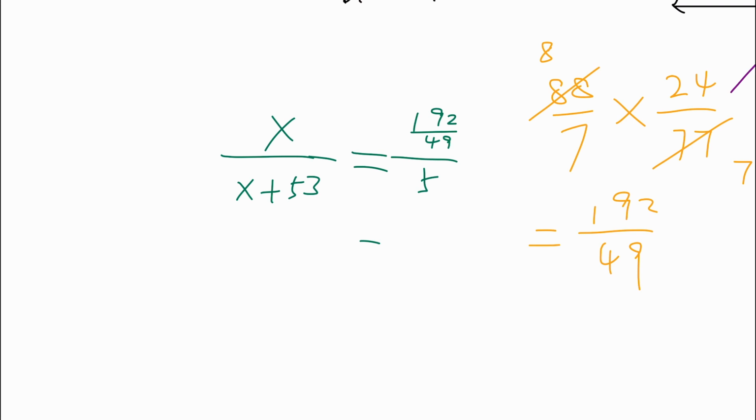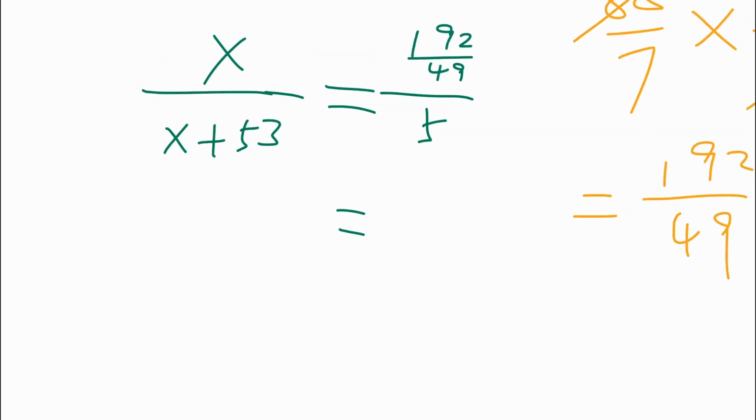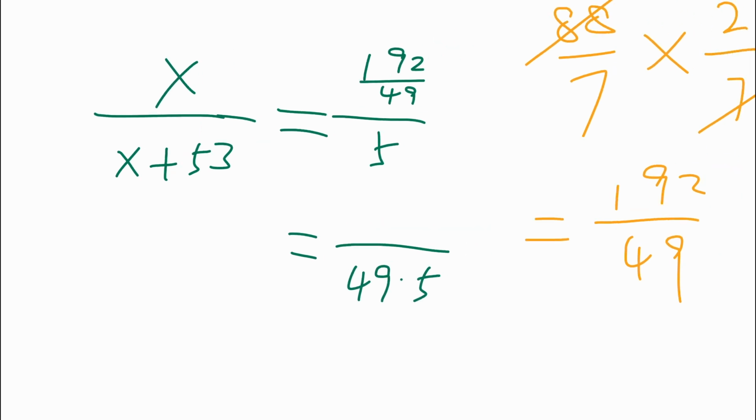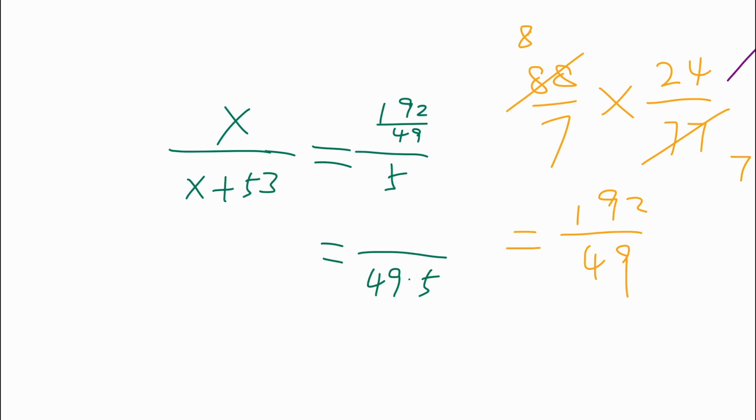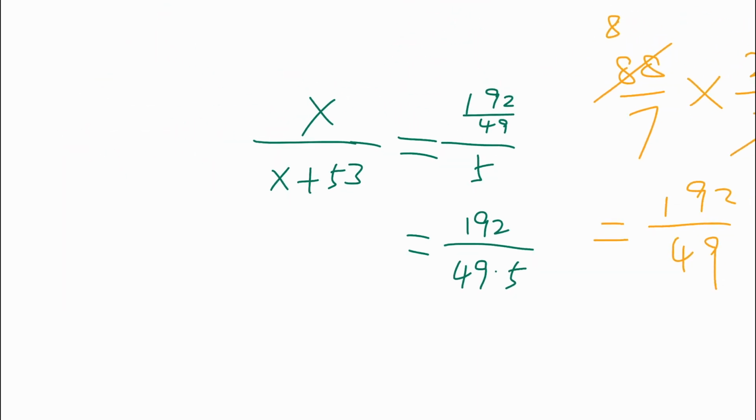So I will put the calculations over here. Well, here we have 49 times 5, that is 192. Recall that's 24 times 8, but we don't really need it now. So 192, 49 times 5, and that is x over x plus 53.